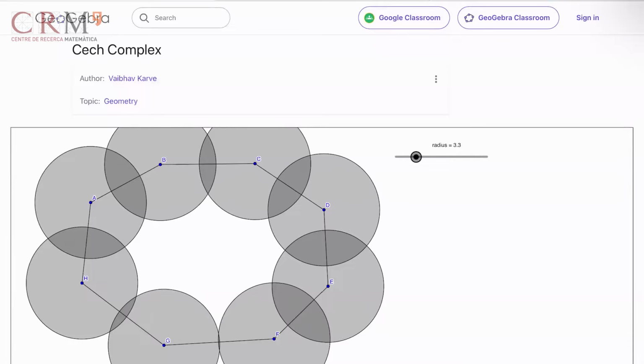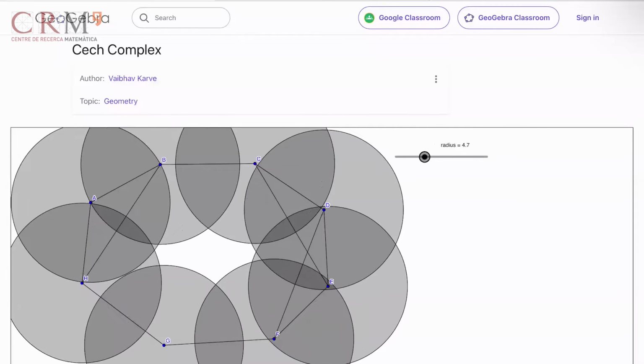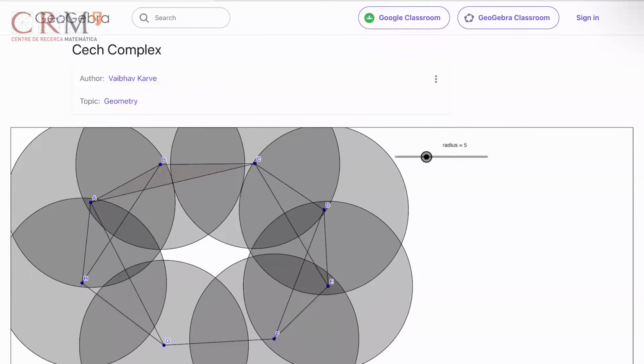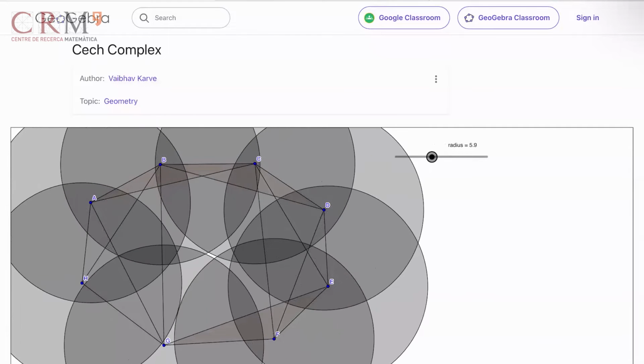Yeah, I mean, there's a non-contractible circle. So we see some H1 appearing. And if we increase the radius further, the hole in the middle will become increasingly small until it disappears.